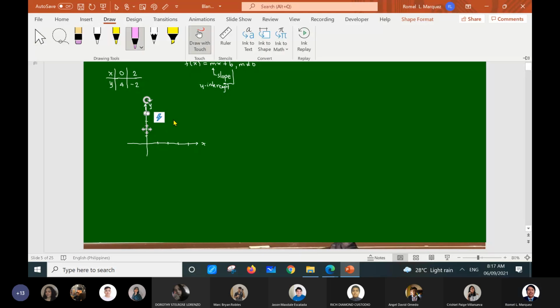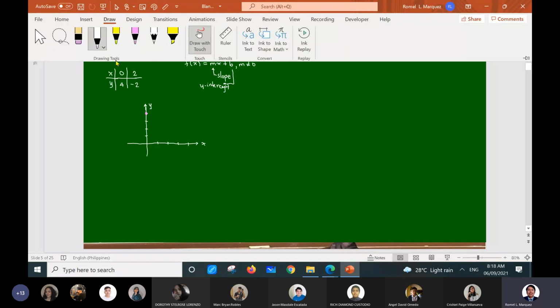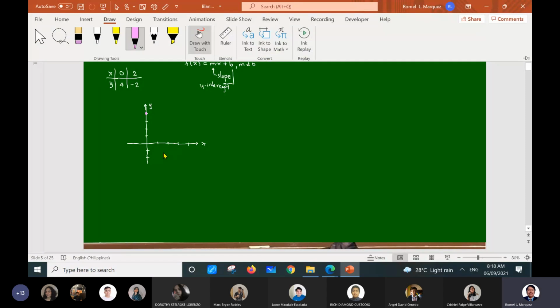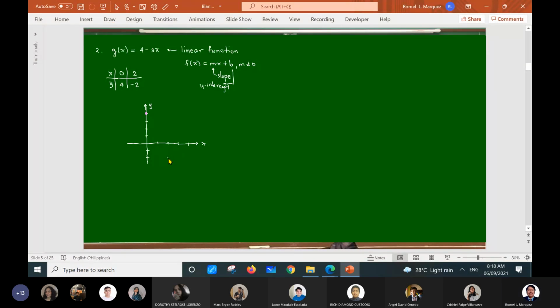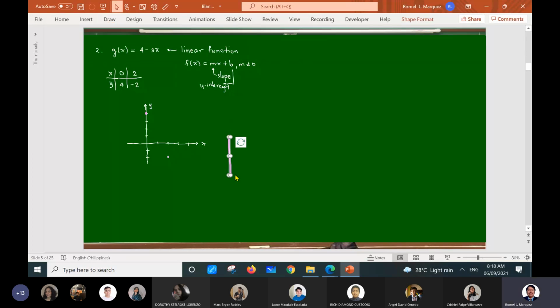So we have (0, 4). Where is (0, 4), guys? Somewhere here, no? (0, 4), (2, -2). So we have here, let me extend this. 1, 2. So (2, -2). Am I correct, guys? Yes po, sir. Okay, so I'm going to connect this. Let me draw a line. Let me make it straight.